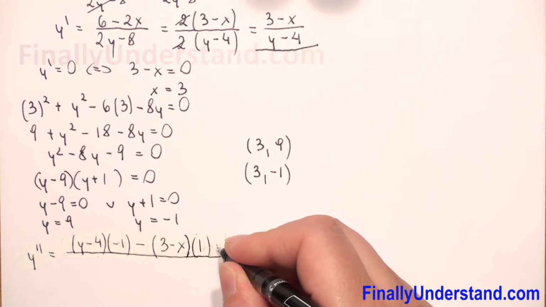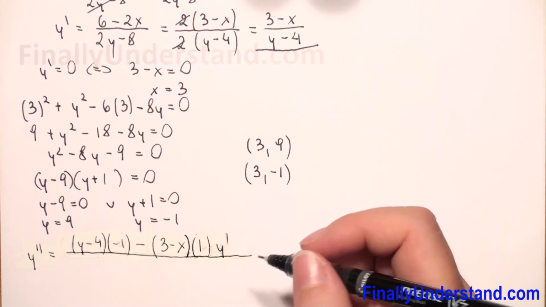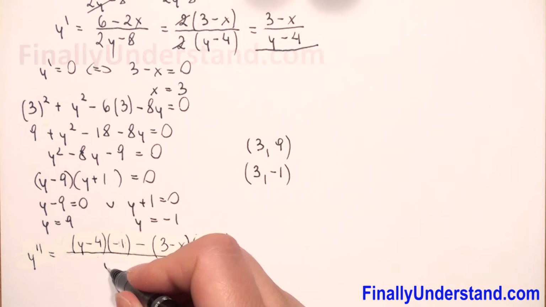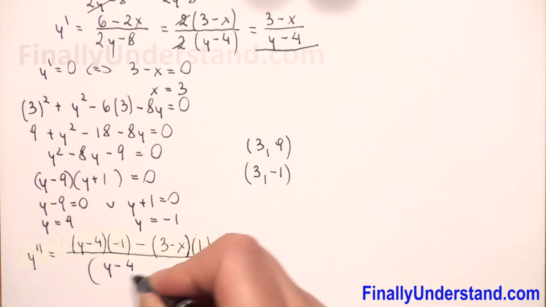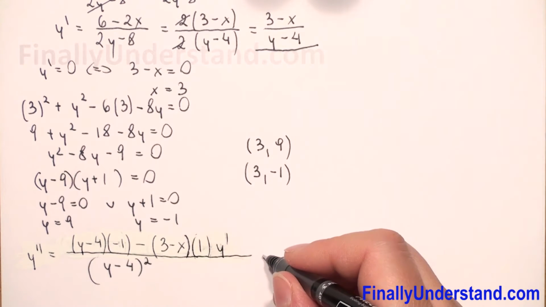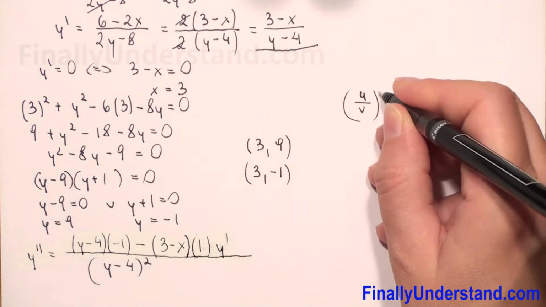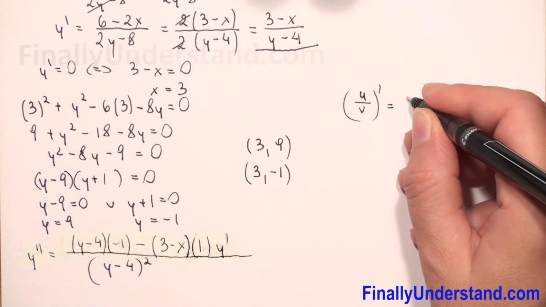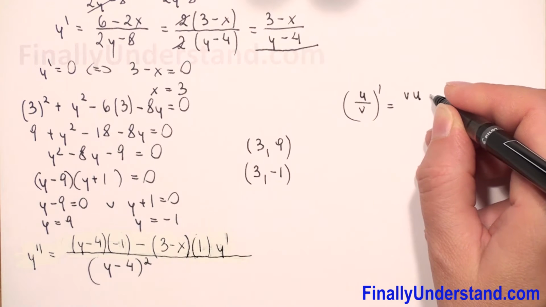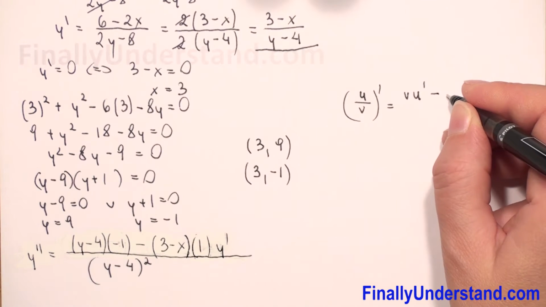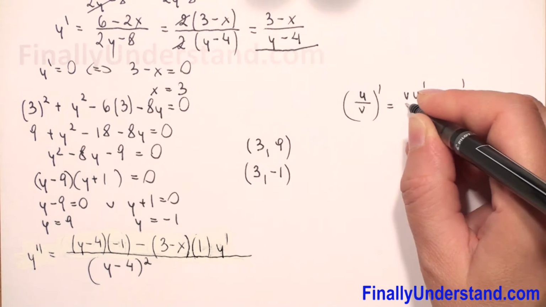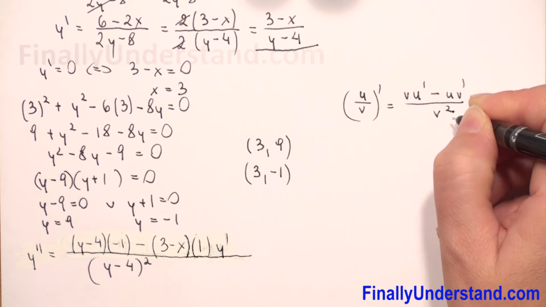And don't forget we have to treat y as a differentiable function of x, so it will be times y prime. And the denominator we have (y minus 4) to the second power. I use the formula for u over v: the derivative is equal to v times u prime minus u times v prime over v squared.